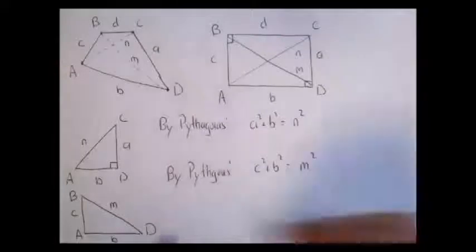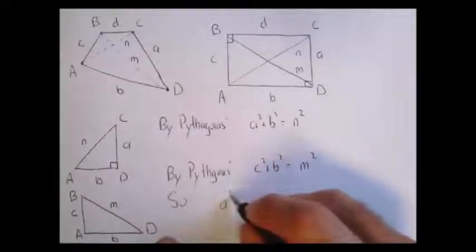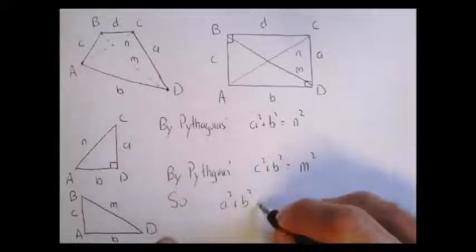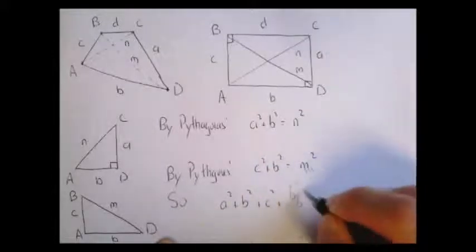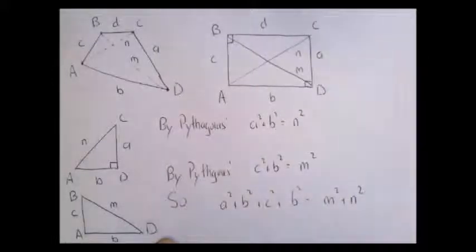And so if I put these together, I can see that a squared plus b squared plus c squared plus b squared is equal to m squared plus n squared.